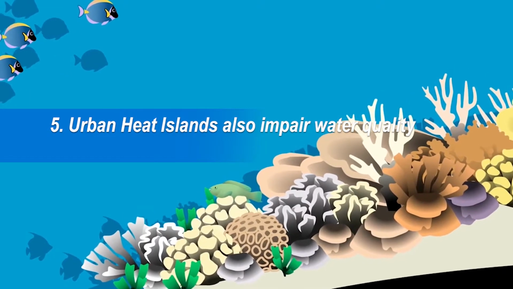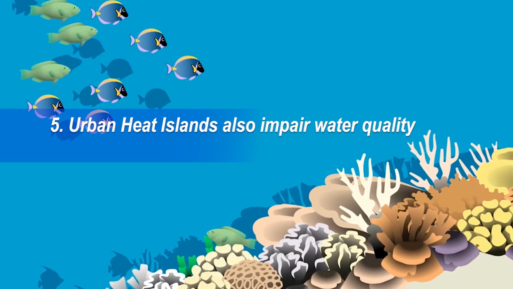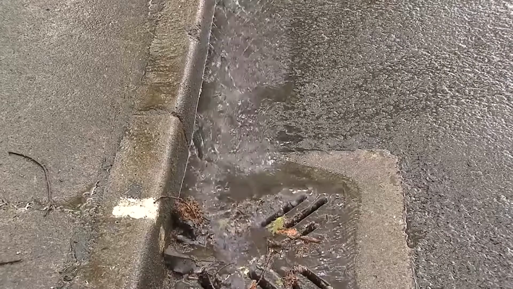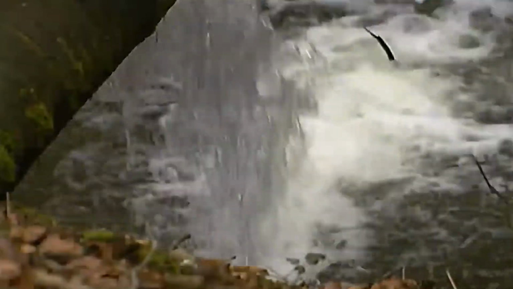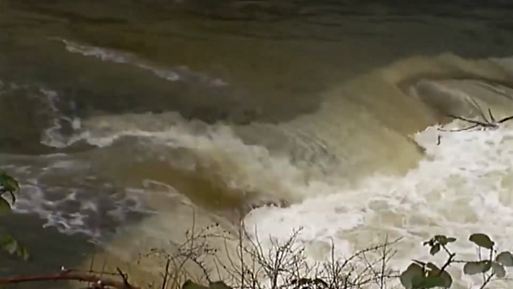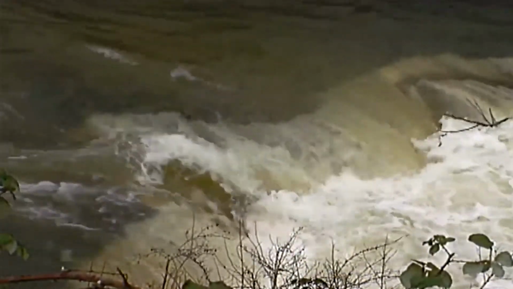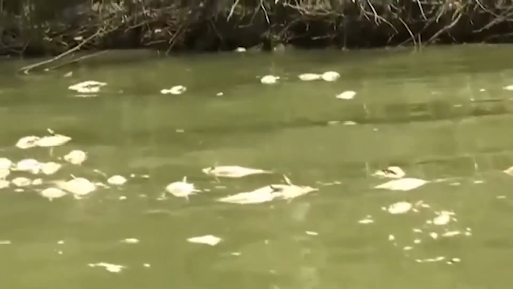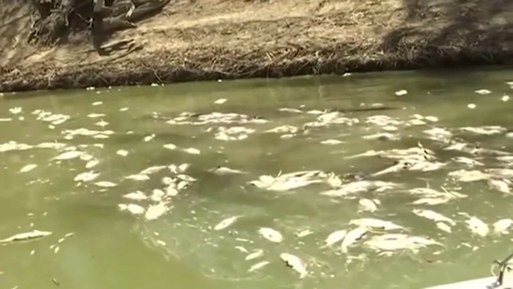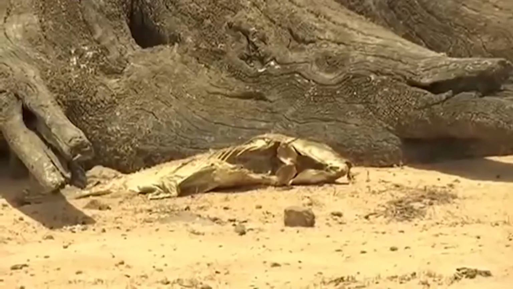Fifth, urban heat islands also impair water quality. Hot pavement and rooftop surfaces transfer their excess heat to storm water, which then drains into storm sewers and raises water temperatures as it is released into streams, rivers, ponds, and lakes. Then insects and fish die and their wild habitats are damaged.